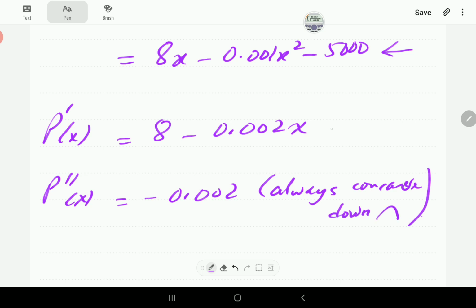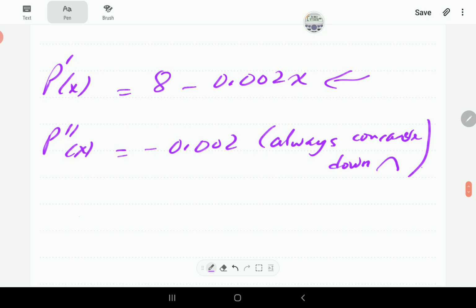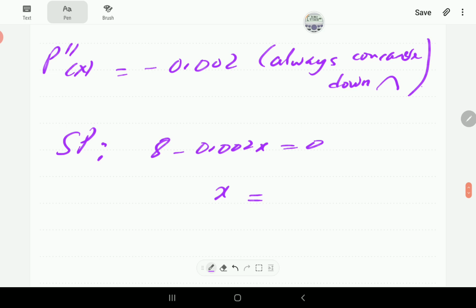For the stationary point, we need to take the first order derivative, equate it to 0 and solve. So the stationary point is only going to be 1. It'll be 8 minus 0.02x equals 0.